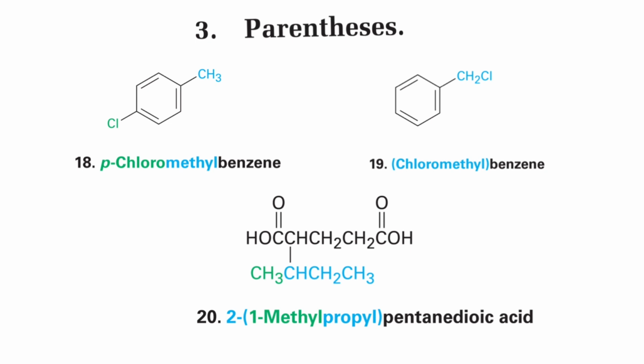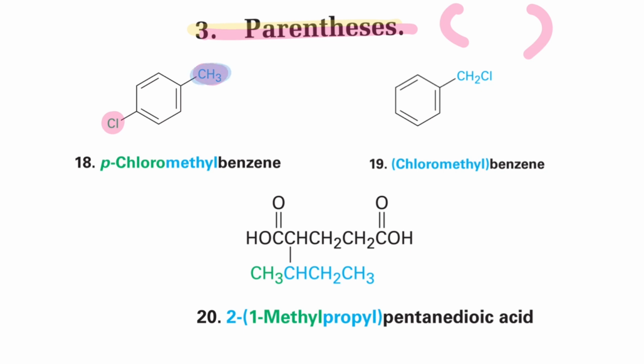Next one, third, parenthesis. Parenthesis means what? Like this bracket is called parenthesis. Now we have some substituent name in the parenthesis when we have to use it. Now check. Here one substituent, another substituent. One is chloro, another is methyl.